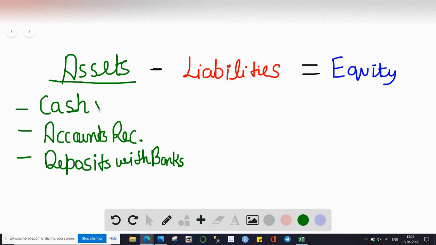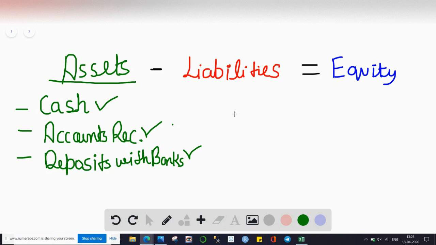Cash you will own, because you will have cash in your bank accounts, in your drawer, in your pocket, in terms of business. And accounts receivable is the amount which you are likely to receive. Deposits with the bank are also classified as an amount you are likely to receive from the bank. So these are mostly the items which we will deal with right now.